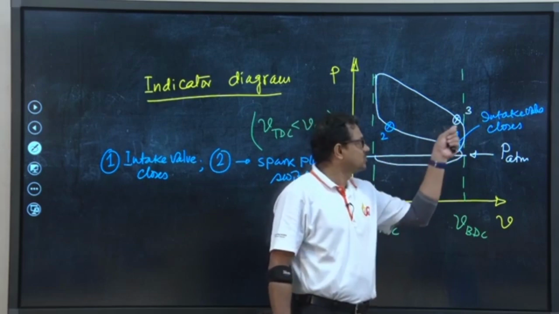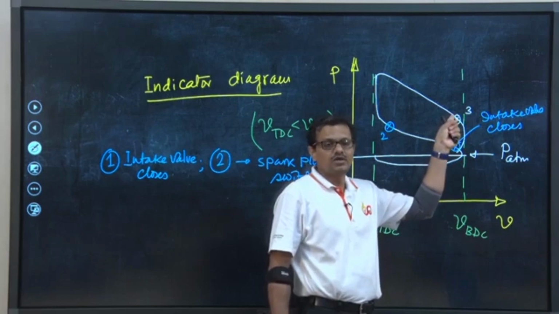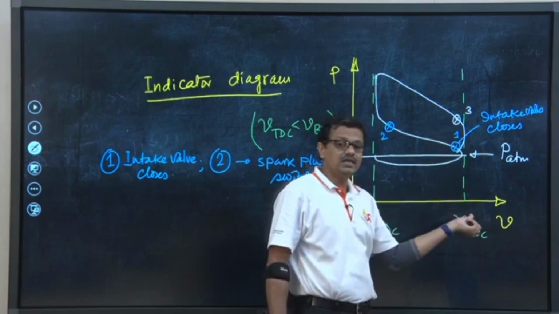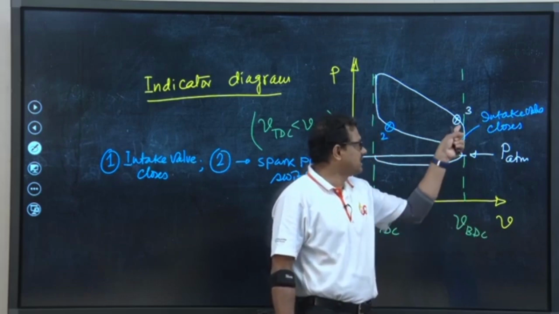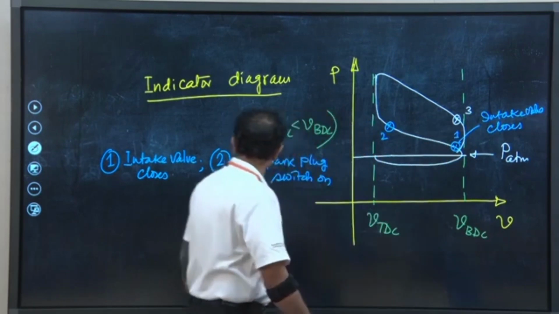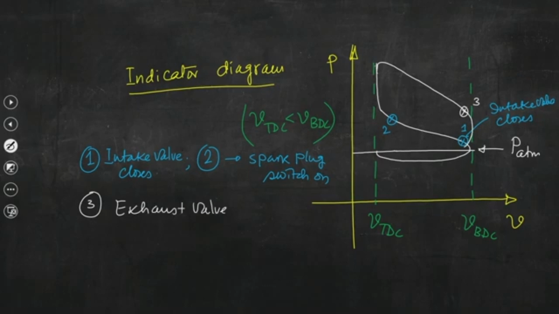That is the objective. So, that is why this exhaust valve is allowed to open when piston is yet to reach BDC, little away from BDC. So, 3 is exhaust valve opens.